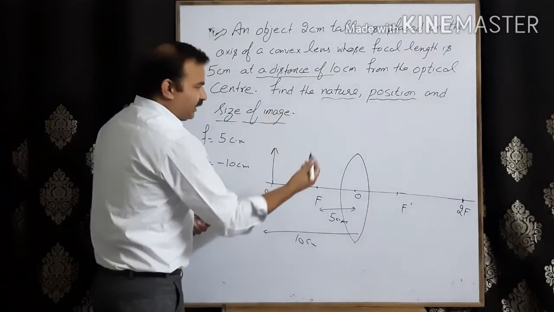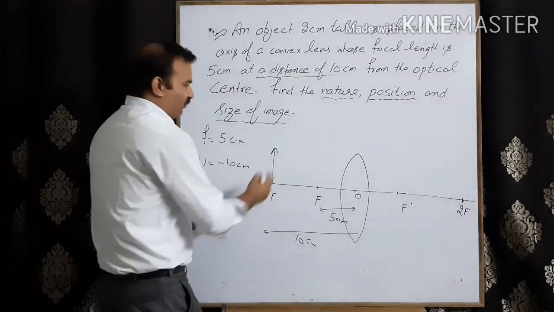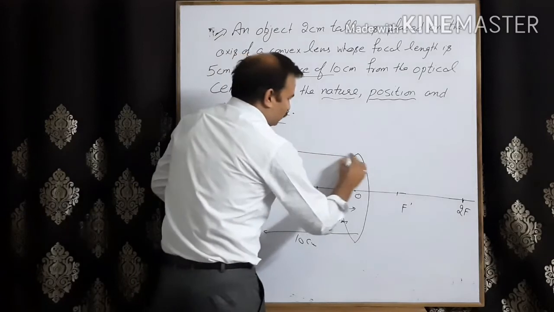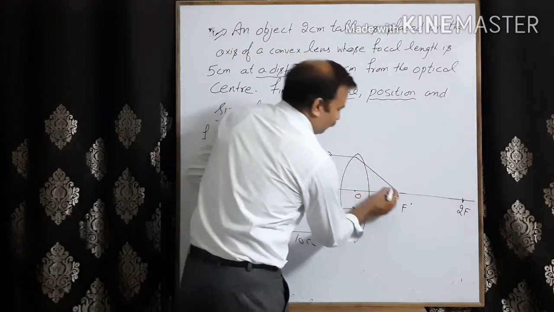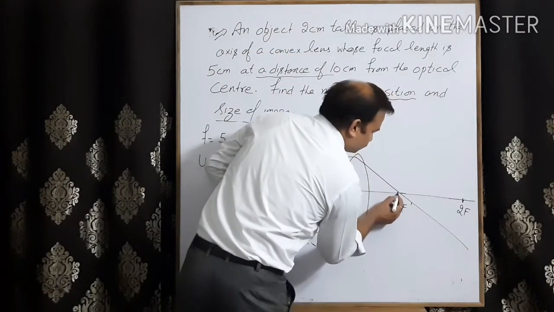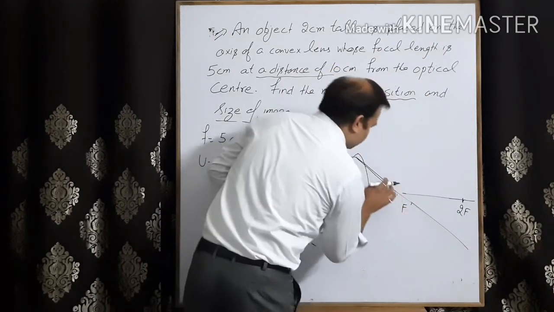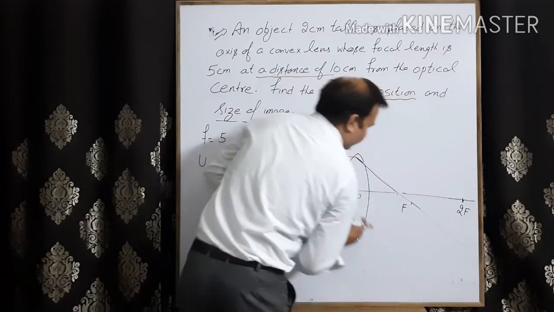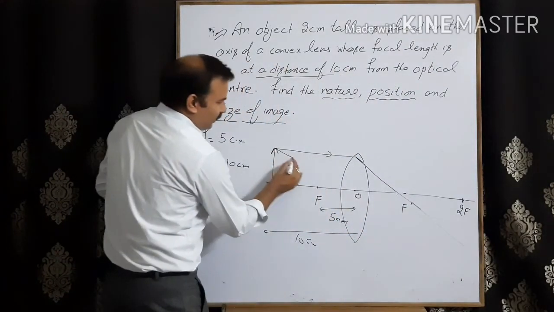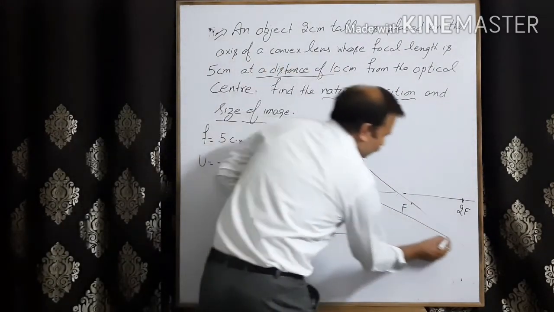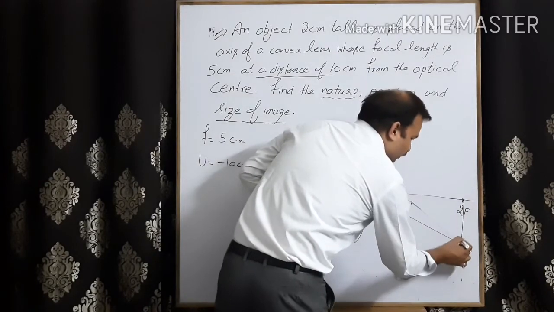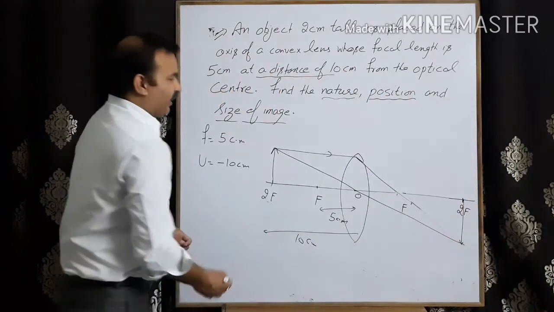So in case we have to draw the ray diagram, how will it be? A ray of light parallel to the principal axis after refraction will pass through the focus. Second, a ray of light passing through the optical center will go undeviated. So this will be the ray diagram.